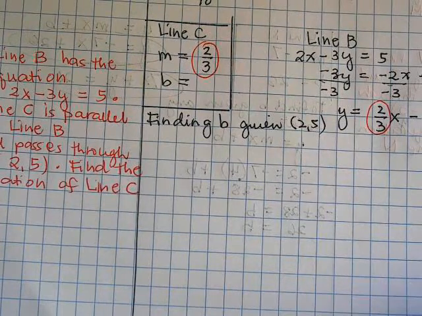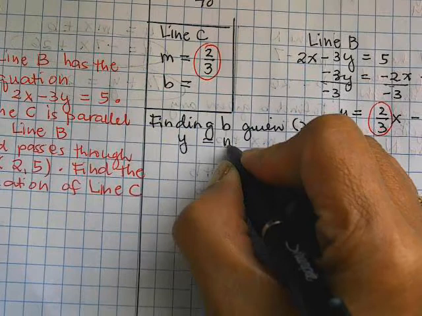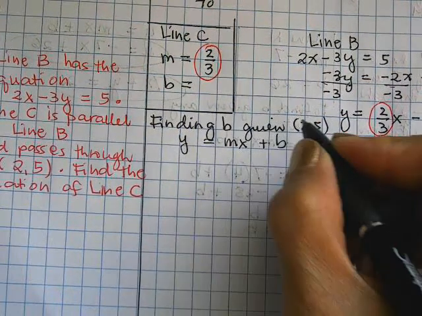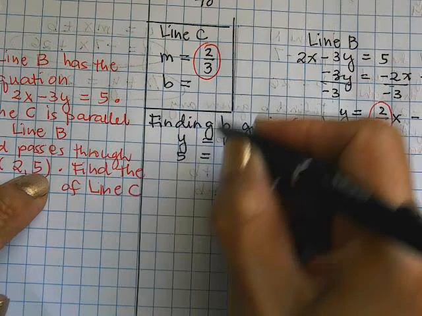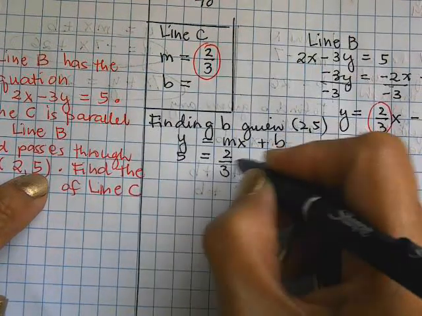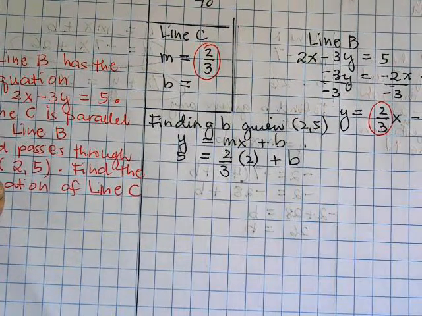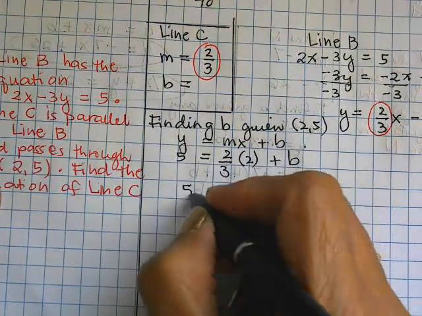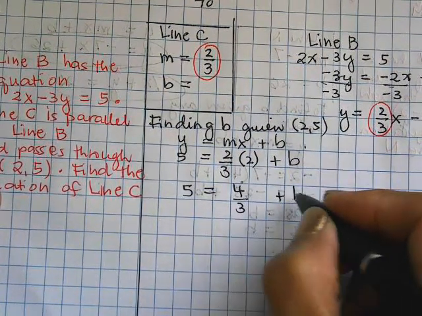Okay, finding b given the point, I'm going to use y equals mx plus b again. So y is 5, m is 2/3, and x is 2. I'm just going to solve this for b. So that would be 4/3 plus b.